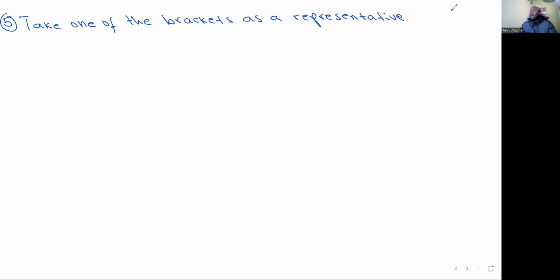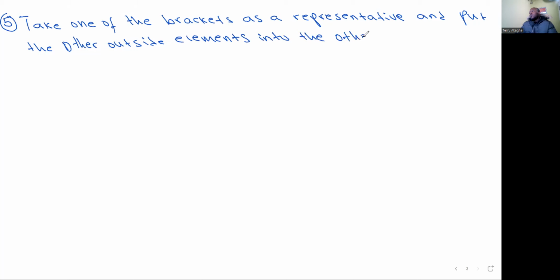You take one of the brackets as a representative and you put the outside element into the other bracket. So when you've done that, you will notice that one of the brackets will be a quadratic equation.